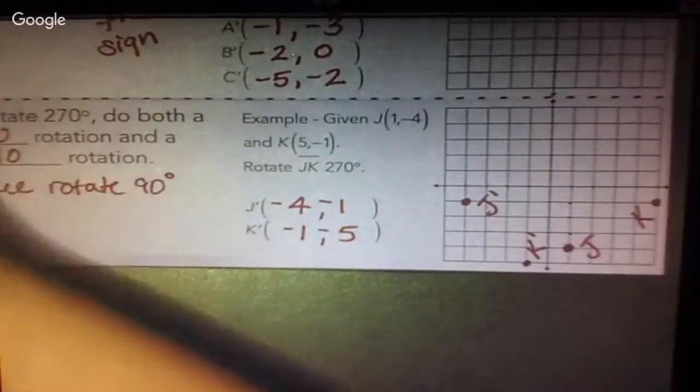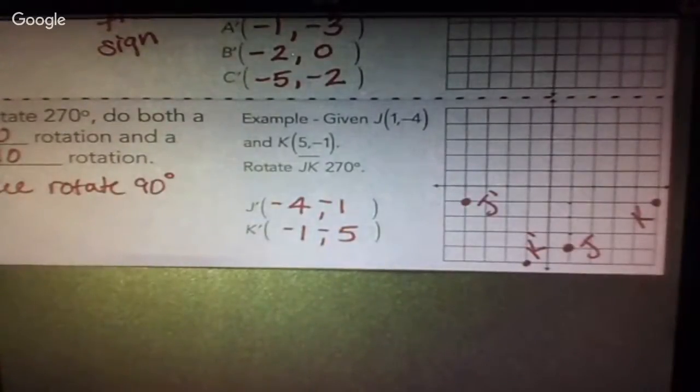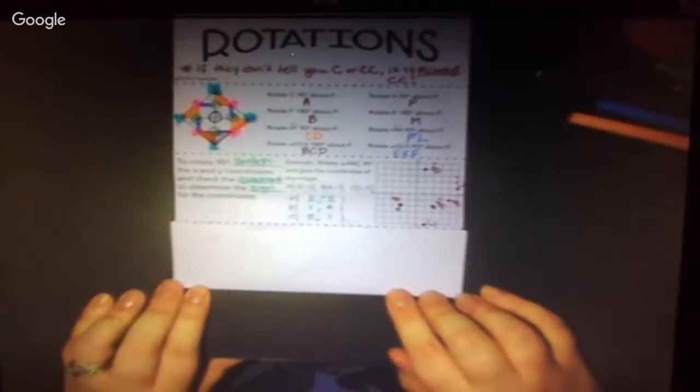Okay, I need to show you how to fold this so we can glue it in, and then we've got one more page to do. If the whole page is in front of you, take the bottom and fold it up to that first dotted line.